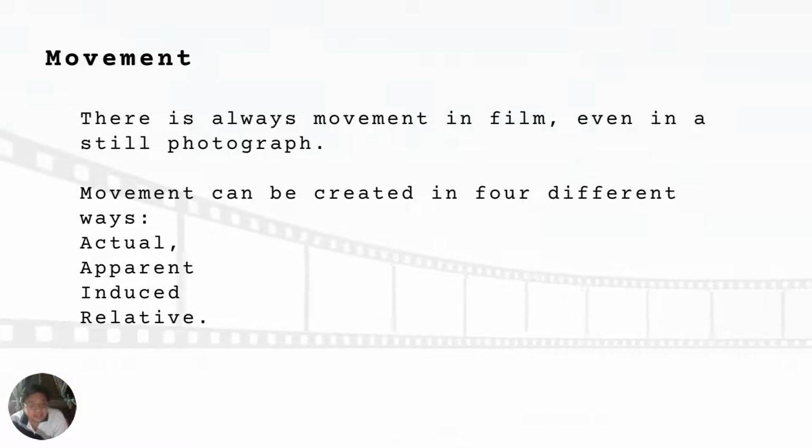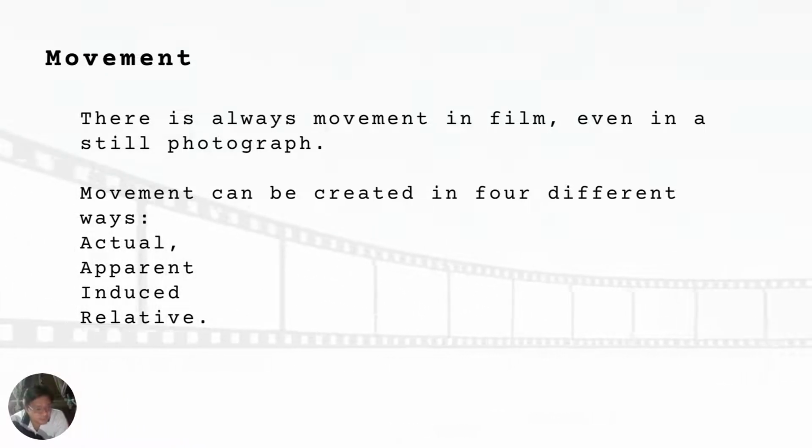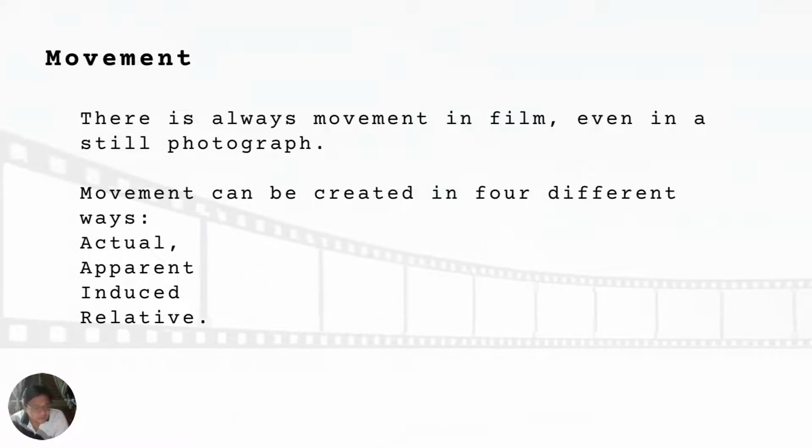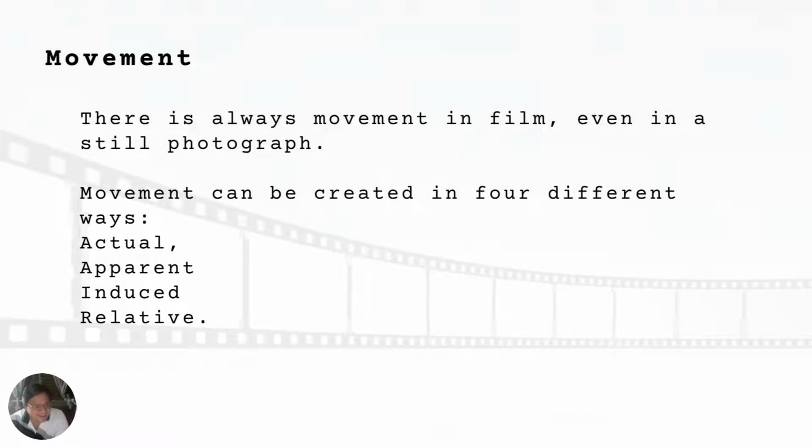Now, movement can be created in 4 different ways. So you have actual movement, where the subject moves throughout the environment inside the screen. Then you have apparent movement, when it looks like something is moving, but apparently it's not.